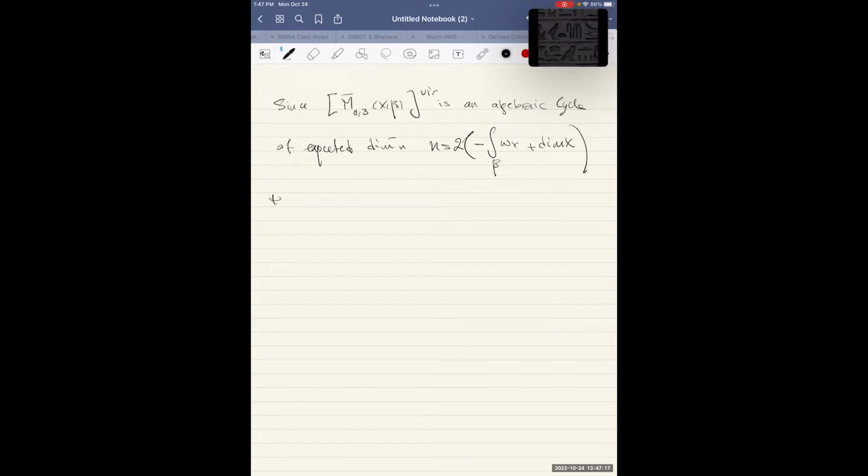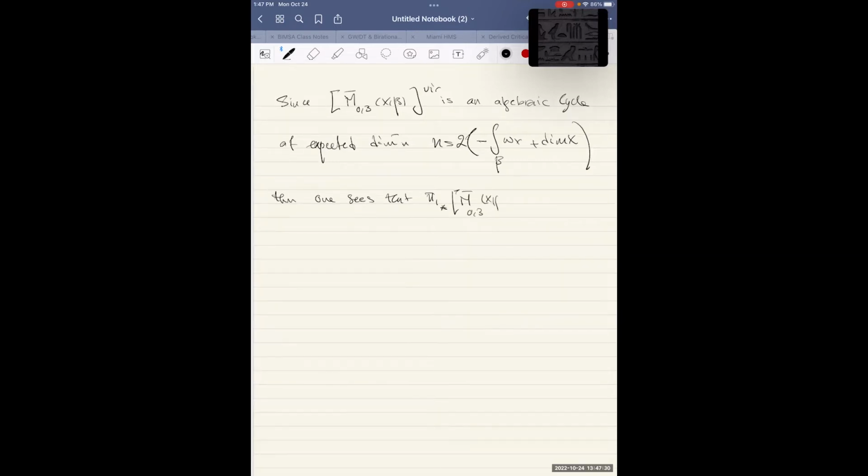Then one sees that pi_1 lower star of the virtual class of M bar 0,3 of X, beta is going to be in H_{2n} of X cubed, the cohomology class of an algebraic cycle.